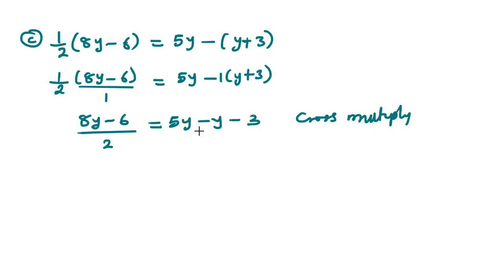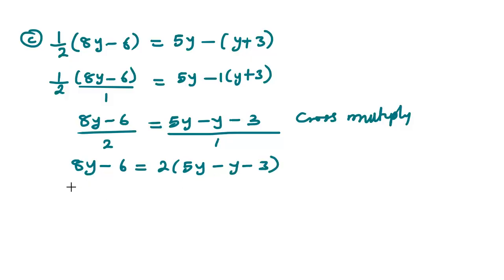Don't forget the whole of this is over 1. So if we cross multiply, we have 8y minus 6 will give us 2 into bracket 5y minus y minus 3. So 8y minus 6 now gives us 2 times 5y, that is 10y, 2 times minus y, minus 2y, then 2 times minus 3, minus 6.